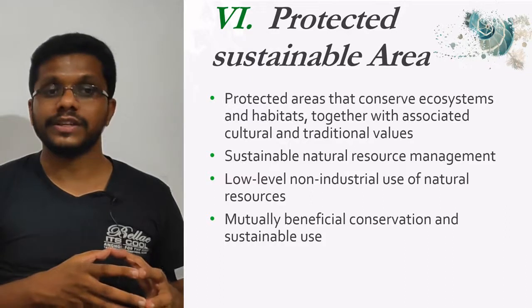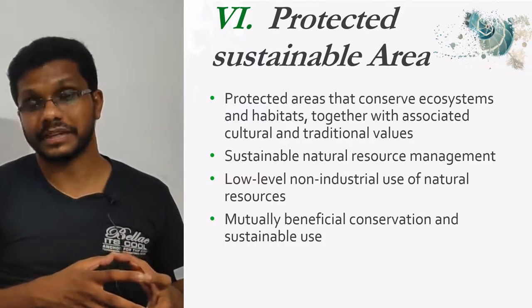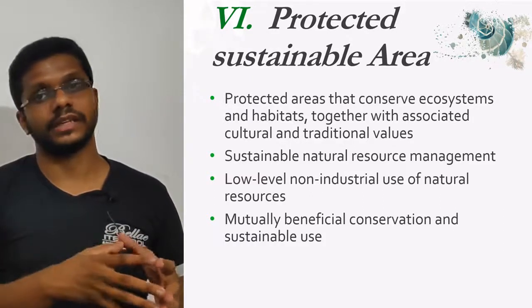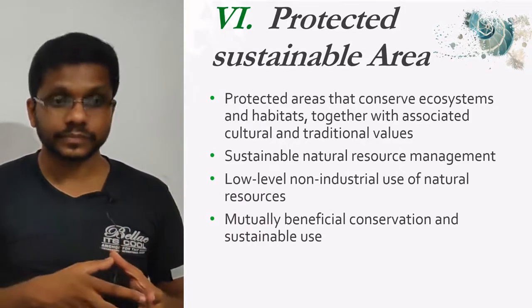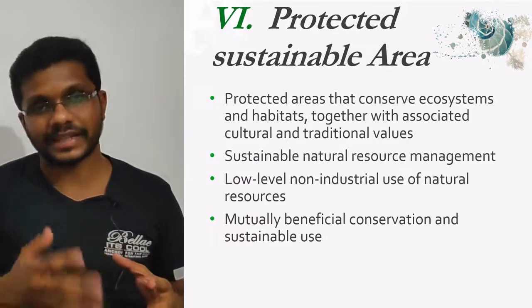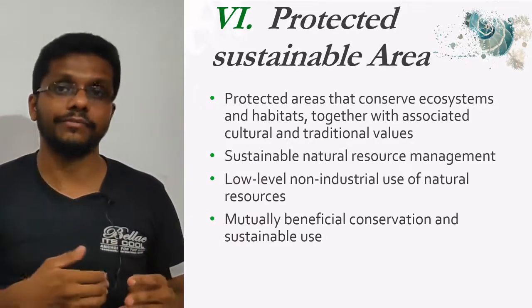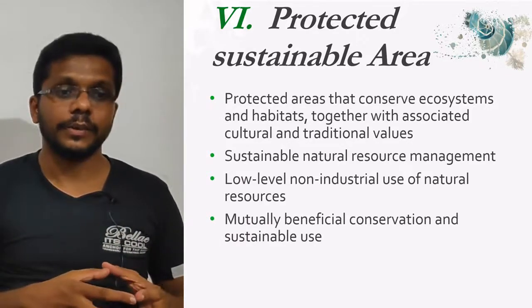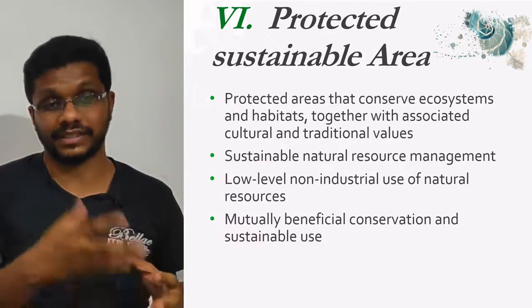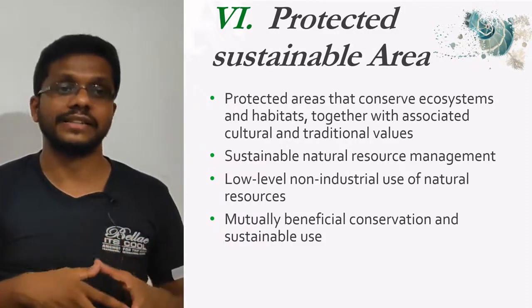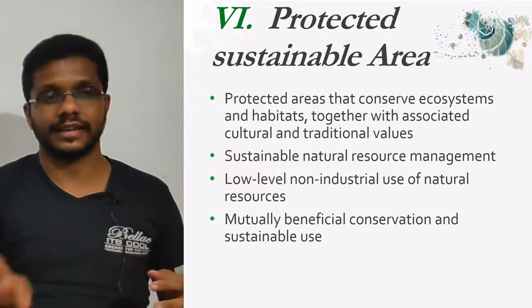Low level non-industrial use of natural resources is permitted. Maybe they have hotels or recreational activities allowed there, but activities which cause harm to the environment won't be allowed. Mutually beneficial conservation and sustainable use is practiced in the protected sustainable areas.